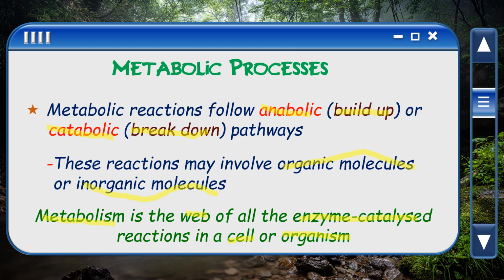All those anabolic reactions, catabolic reactions, reactions involved in respiration, digestion, reproduction, excretion, and nutrition, we total them up as metabolic reactions, and that is what we are referring to as metabolism. So it is a web of all enzyme-catalyzed reactions that take place in a cell or in an organism. That is metabolism.